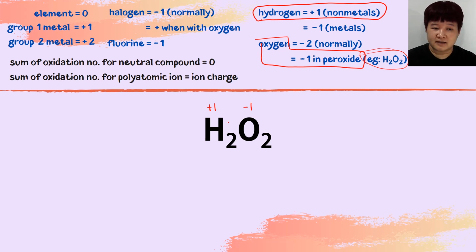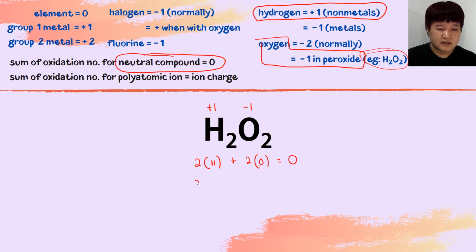We will check this, or we will prove this by using the total of it must equal 0 because it's a neutral compound. So we have 2 hydrogen plus 2 oxygen, and it must equal 0. According to the rules, hydrogen is +1 in this case, while oxygen is -1.